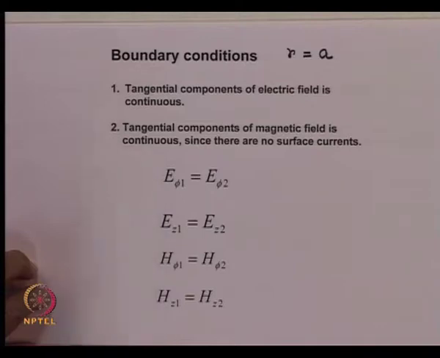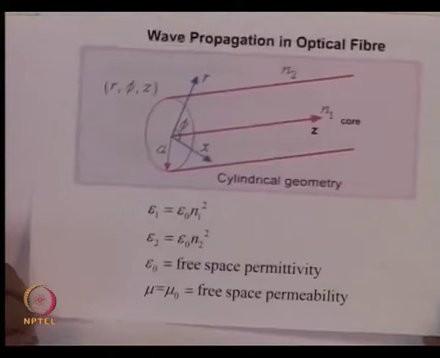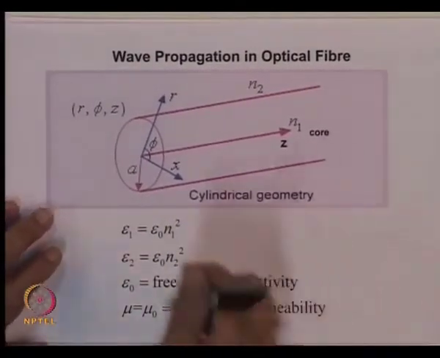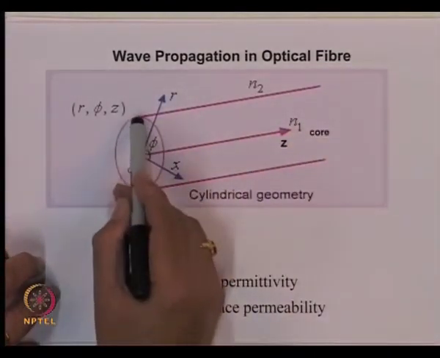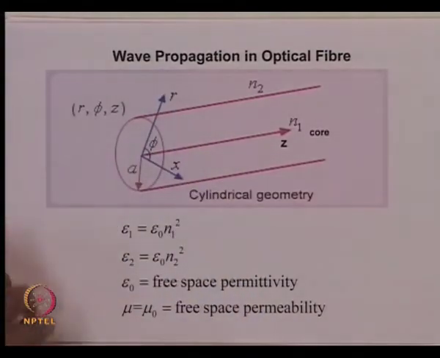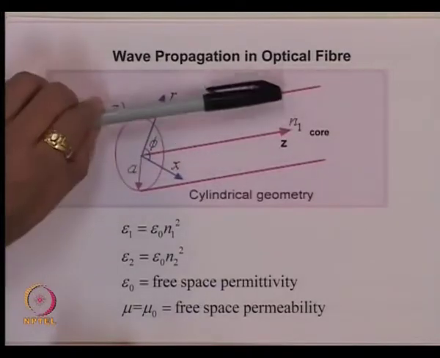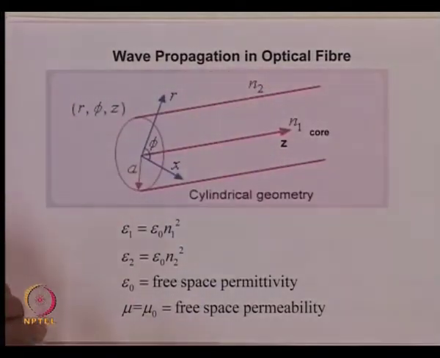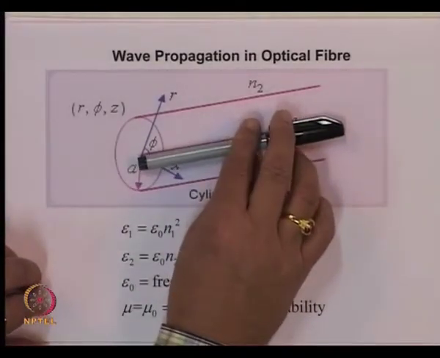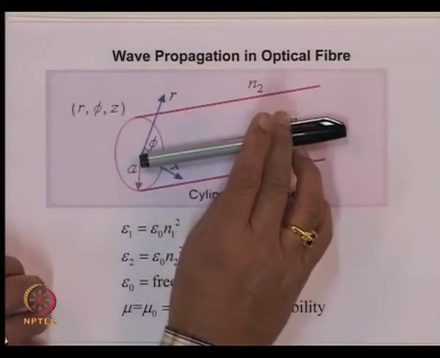So now if I go to my cylindrical geometry here, you will see that 2 components are tangential to this interface. Here the interface is defined by this cylindrical surface. So any field which is along the z direction is tangential to this cylindrical surface. That means the z component of either electric field or magnetic field is tangential to the interface between core and cladding.